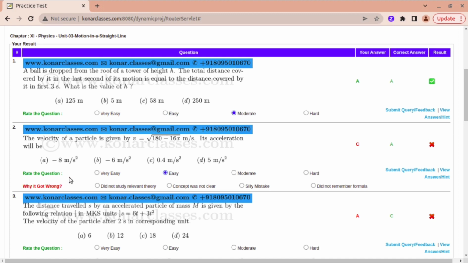Dear students, the answer to a question gets wrong if any of four things happen. First one is that you did not study relevant theory, and due to that the answer got wrong. Second one could be concept was not clear. Third one could be silly mistake, and fourth one could be did not remember formula.